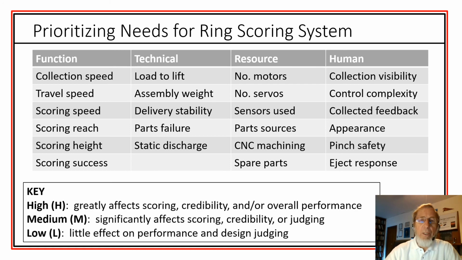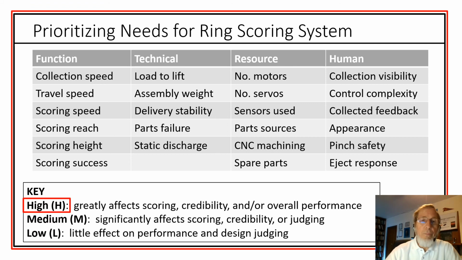We begin to identify which of these are of high, medium, or low importance to us. High here is defined as something that's going to greatly affect scoring, or our credibility in the eyes of judges and competitors, or it's going to have a major effect on overall performance. Medium would be lesser amounts in these areas, and low, little effect.